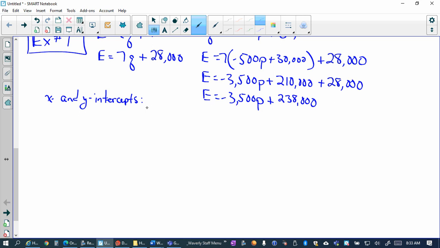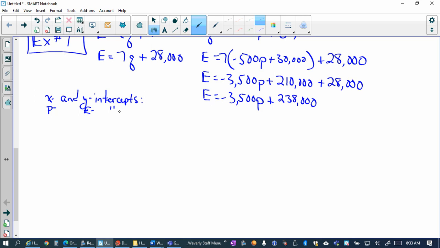Well, the y-intercept, it's going to be the E, right? It's actually going to be the x would be the P and E intercepts, right? X and Y. I think the easy one here would be to find the E intercept. That's going to be where P is 0, right?